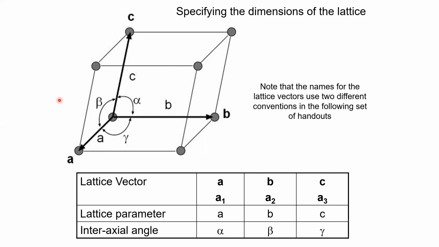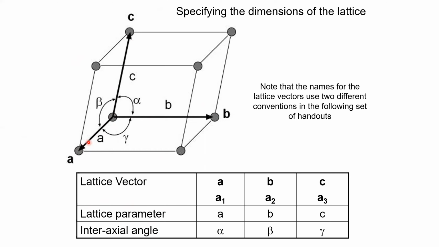Let's take a look at this picture. This picture represents the lengths A, B, and C. We call these the lattice parameters.